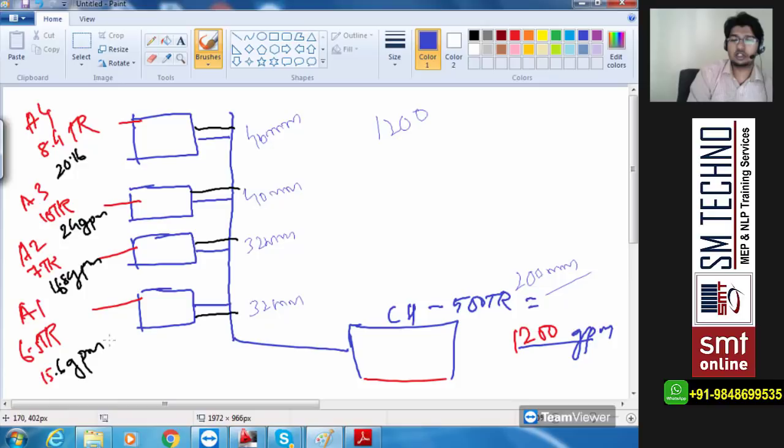Minus 15.6 GPM first, then minus 16.8, minus 24, minus 20.16. Tell me the last remaining amount inside the chiller. How much is present? Mr. Sriram, please check.